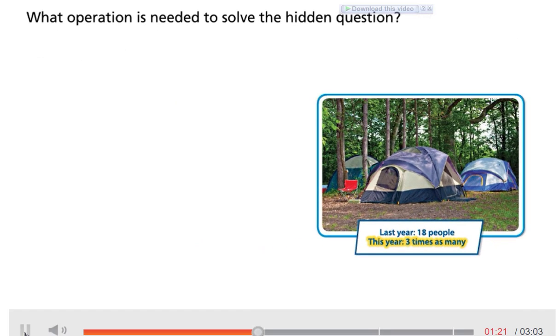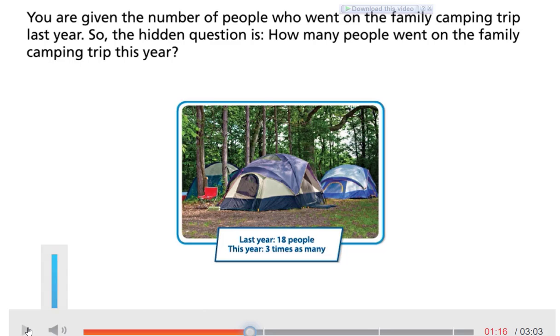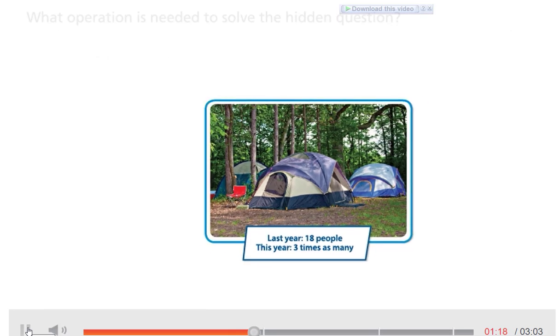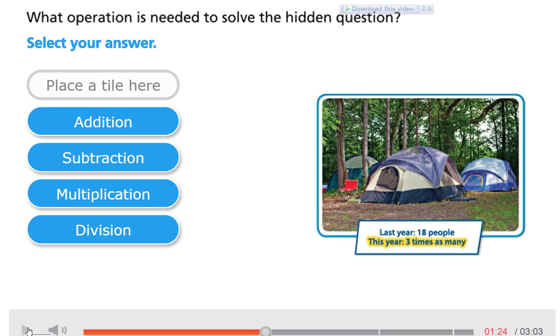What operation is needed to solve the hidden question? Select your answer. Okay, I will go back because I moved from this one. What operation is needed to solve the hidden question? Abdurrahman Anwar, select your answer. Yes, teacher, yes.